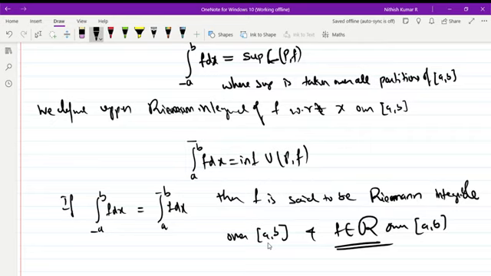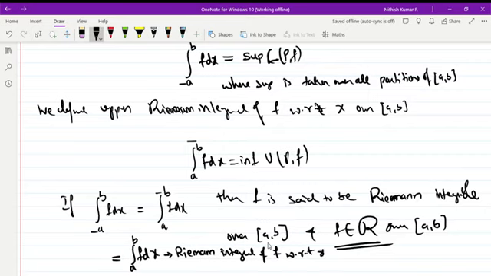Now they are equal, and that equal quantity is denoted by the integral from a to b of f dx, and we call it the Riemann integral of f with respect to x over the closed interval a comma b.